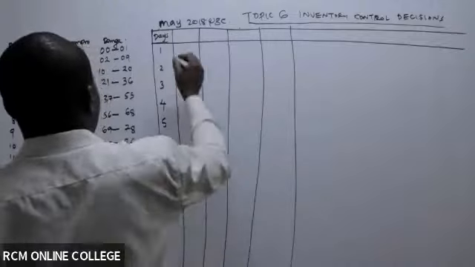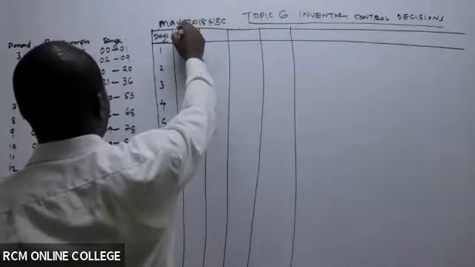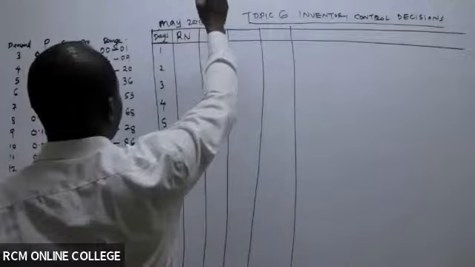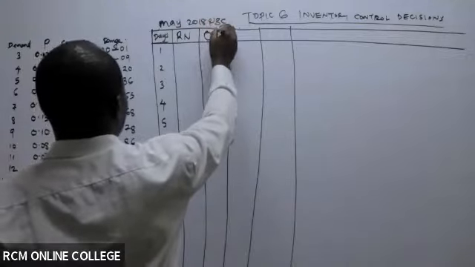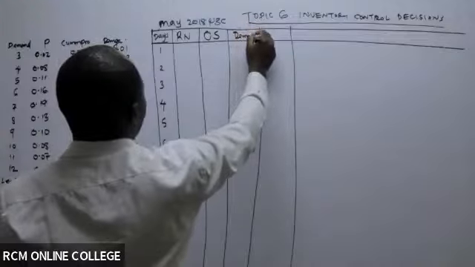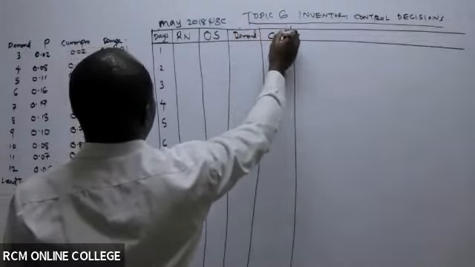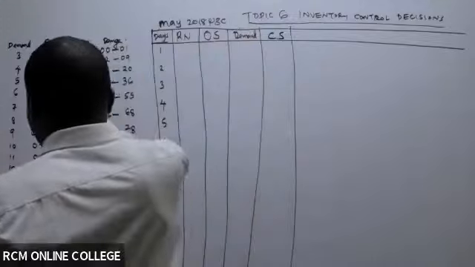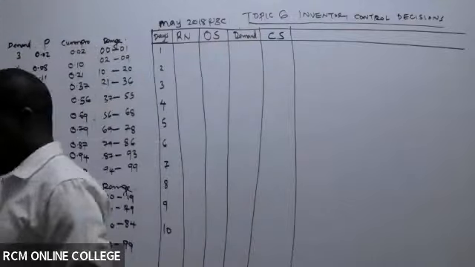Good. Then here we talked about random numbers. Then we have opening stock, we have demand, we have closing stock.